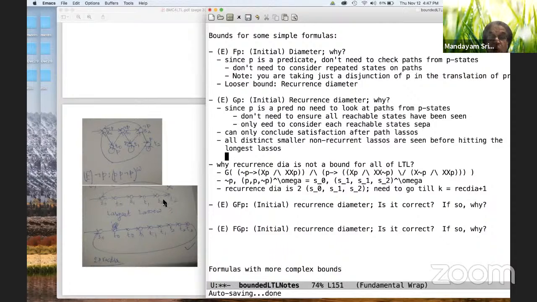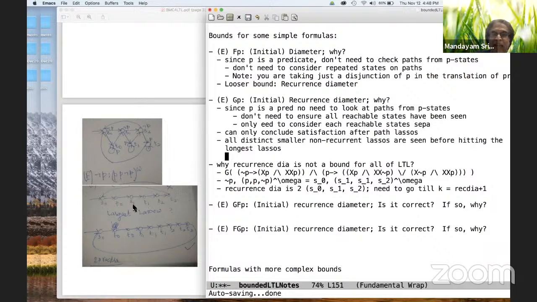If this cannot be a witness to G of F of P, what that means is there must be some state, one of the states here, from which there is a path. Maybe on this path itself, not P, not P, not P holds, for the moment, although that's not the case here.